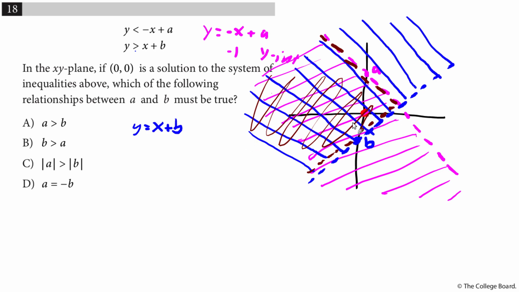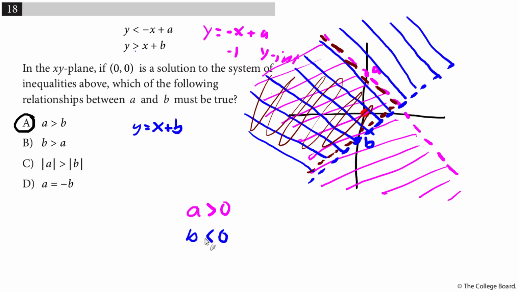Okay, now we need our inequalities. So what this basically says is, I know that A must be positive, I know that B must be negative, and now let's see what happens. So must be true. If A is positive and B is negative, does A have to be bigger than B? And yes, it does.